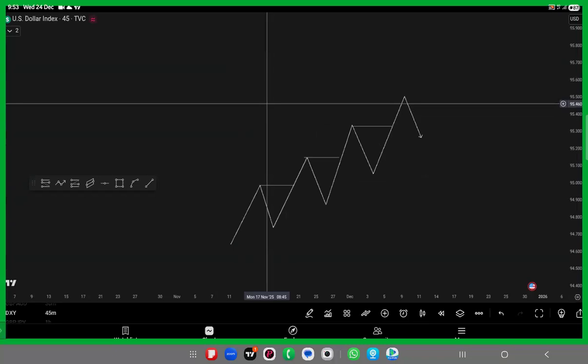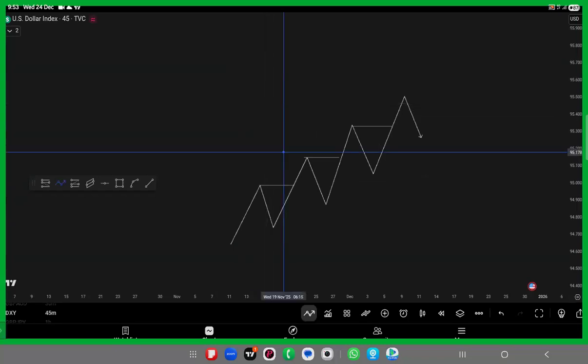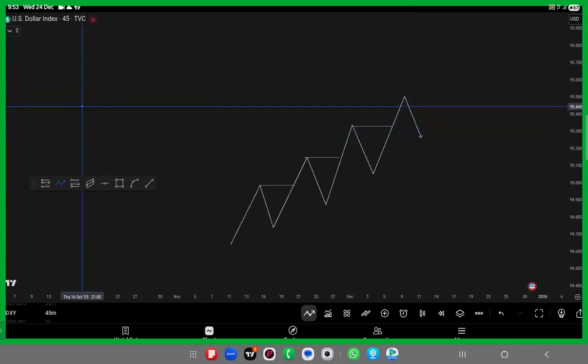Then after taking out that external liquidity, before markets will then change trend. Let's say, for instance, this is the external liquidity here that market wants to take out.